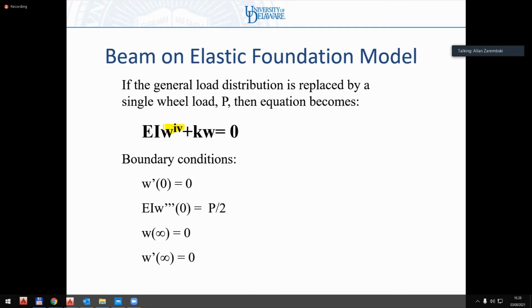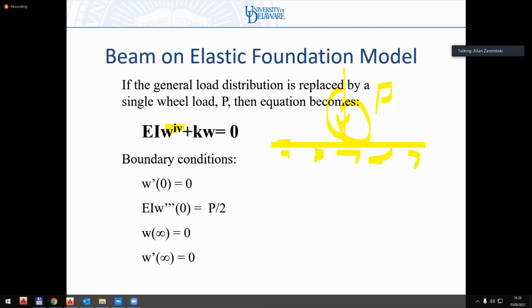So this is still EI d⁴W/dx⁴ plus kW, except I've now gotten rid of the distributed load, like I said, and I've replaced the distributed load with a single wheel load of force P. So my equation is EI d⁴W/dx⁴ plus kW equals 0. And now it's a fourth order ordinary differential equation.